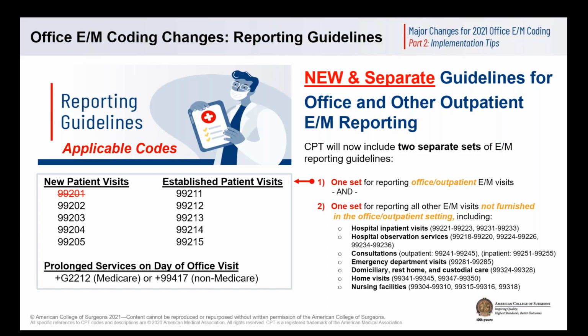So you have to, in your mind, keep track of two completely different coding structures. All of those other things have the old coding structure, and the new ones are the only ones that apply to what we're talking about this evening. The other codes are working their way through the CPT RVU process.